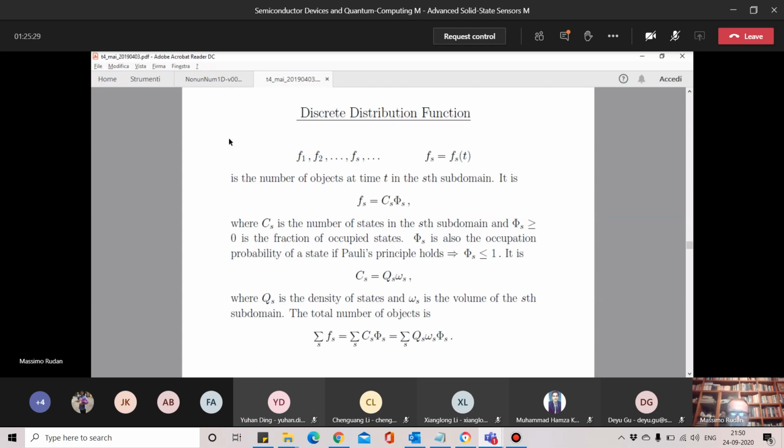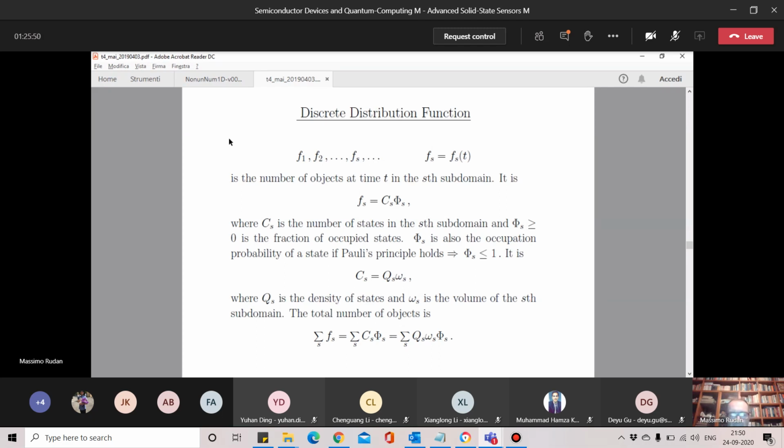So for instance, if you have a room with 20 seats and the fraction is 1/2, then you have 10 students in the room, okay? It is unlikely that you can find in a room 2 students sitting in the same seat, okay?